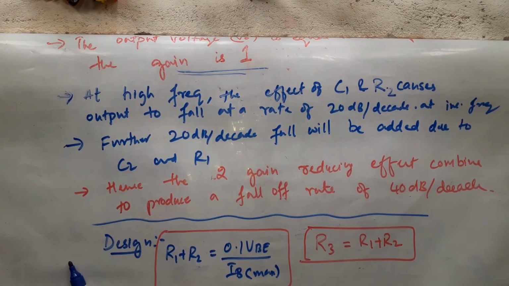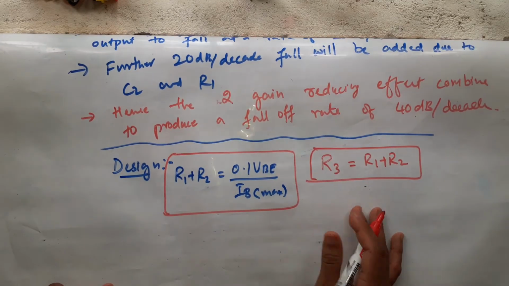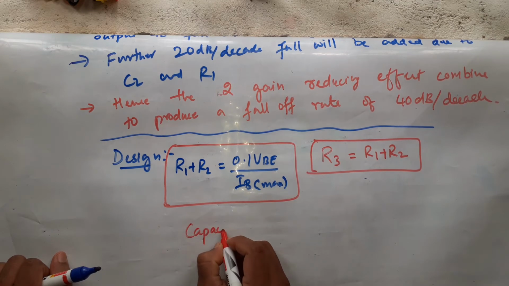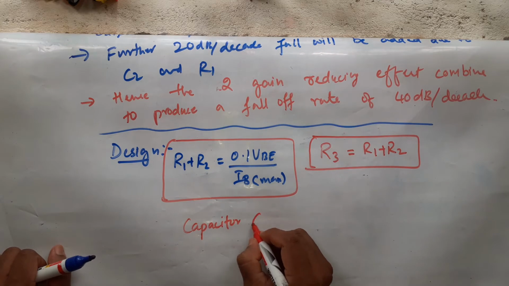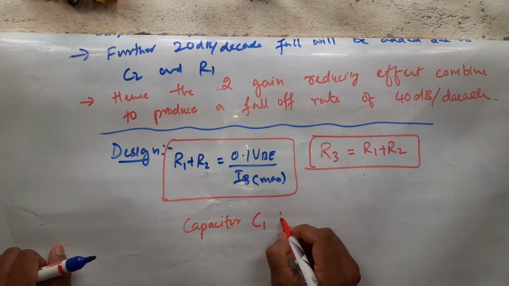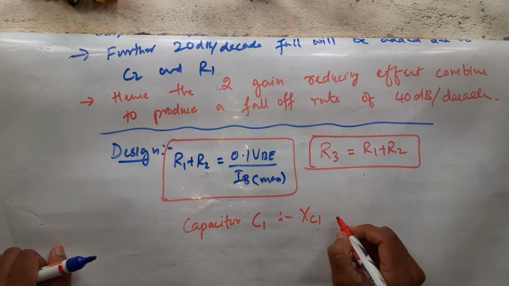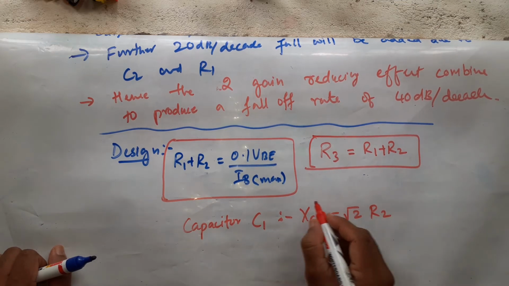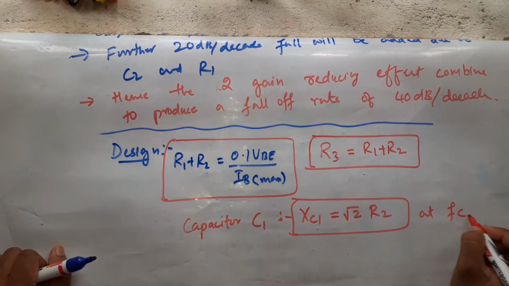Then capacitance. How will you find capacitance? Capacitor, if it is C1, XC1 equal to root 2 times of R2 at cutoff frequency.